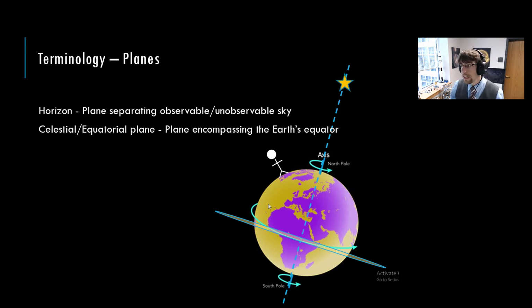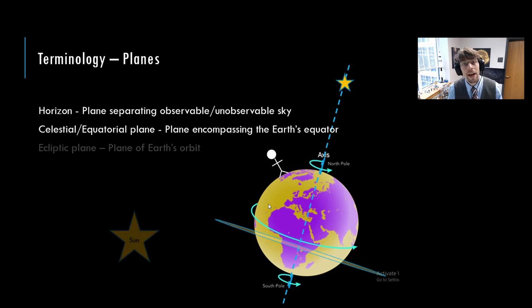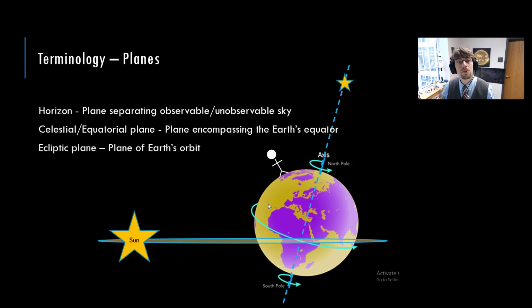The third plane is the plane defined by the orbit of the Earth around the sun. Or if you're thinking about the Earth being stationary, it's defined by the orbit of the sun around the Earth. That plane that's swept out through space is called the ecliptic plane.